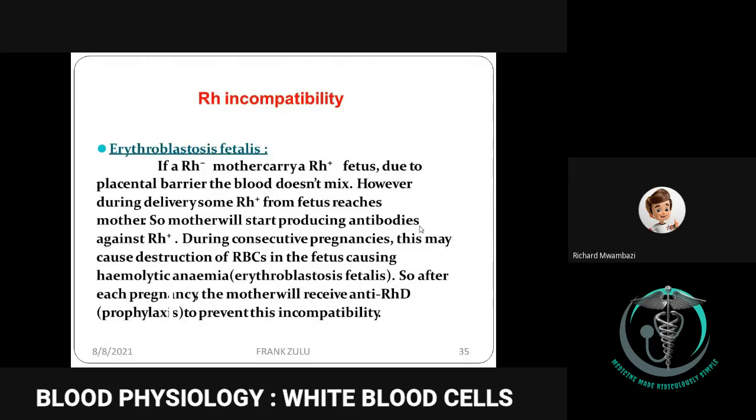So after each pregnancy, the mother will receive anti-RhD. I saw somewhere that if the mother starts having miscarriages after every pregnancy, they can prevent this by giving them, is it Rogam?